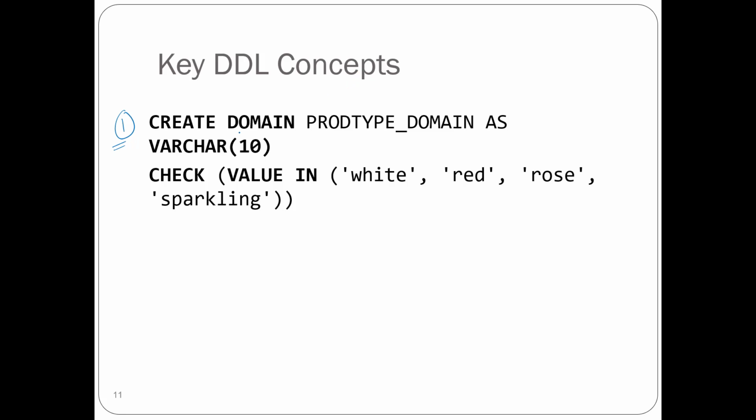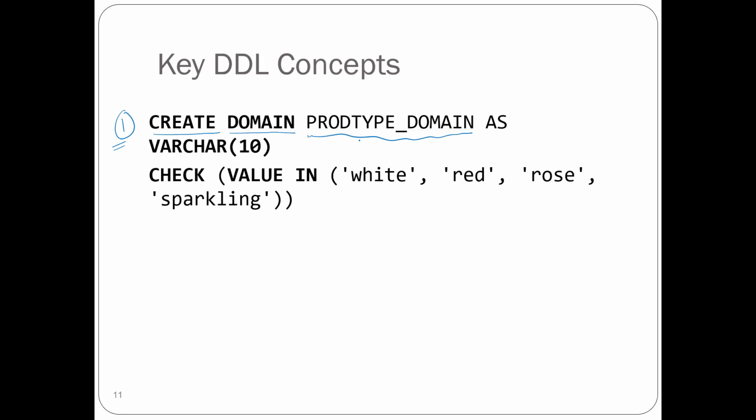Right now, we want to create a domain, which is a very useful feature. We can also define our own domain. So that's what is being done here. We are creating a domain with the keywords create domain, and we have given a name, product type domain. So we are defining a domain for the product type.